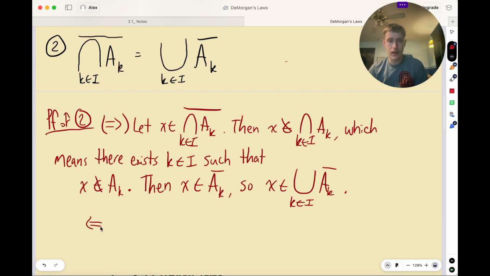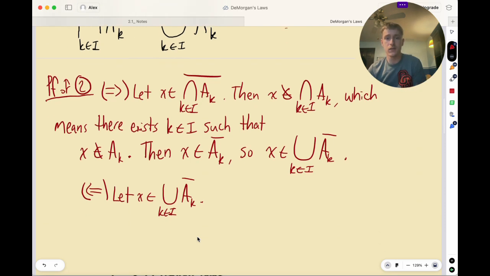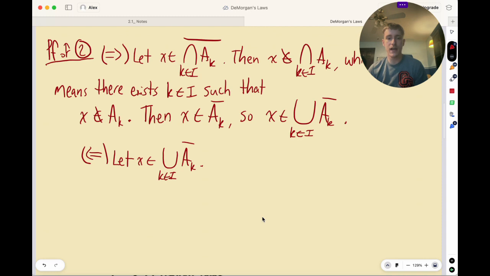As for the backwards direction, we just have to let x be an element now of the union. And this is going to be very similar. If x is an element of the union of all the complements, then x is an element of at least one of them, for some k in I, the indexing set.